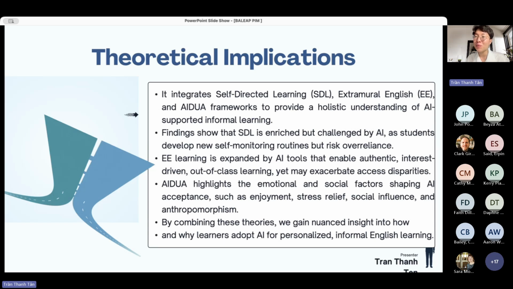Extramural learning is expanded by AI tools that enable authentic, interest-driven out-of-class learning, yet may exacerbate access disparities. And as for the final model, AI DUA would highlight emotional and social factors shaping AI acceptance. By combining the theories, we gain nuanced insight into how and why learners adopt AI for personalized and informal English learning.